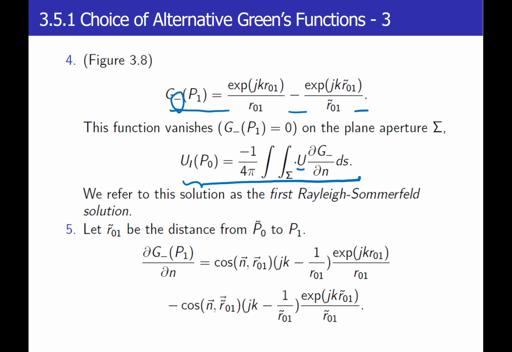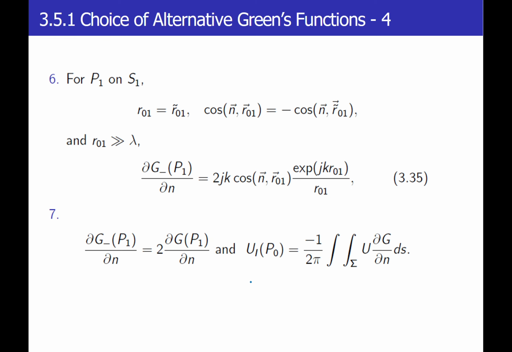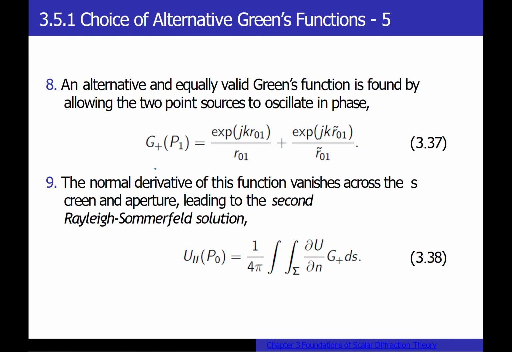In this case, all we have to know is only the U value on S, and then we can find our scalar field. But if we choose another solution, like G plus, then U(P0) is given by this one.